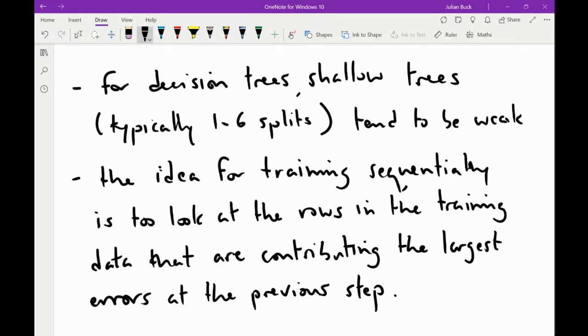So essentially what we're looking at is a residual if it's a regression problem. For a classification problem, the difference could be measured using differences in probabilities. But the whole idea is to look for where those biggest errors that are contributing the most to the bias are showing up, and then focus on those rows at the next step to train.